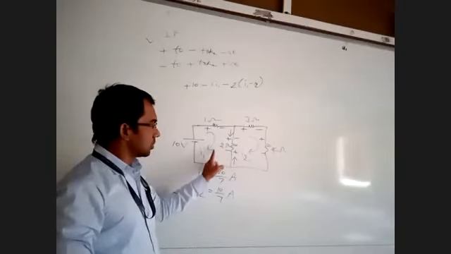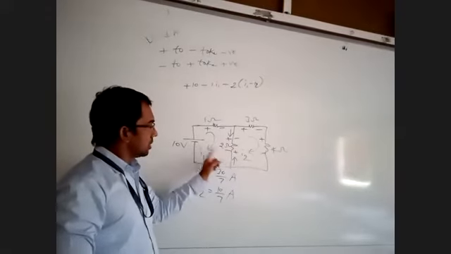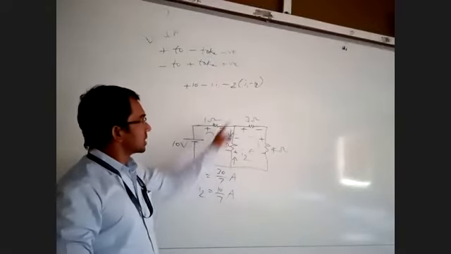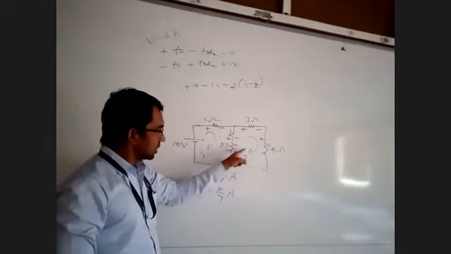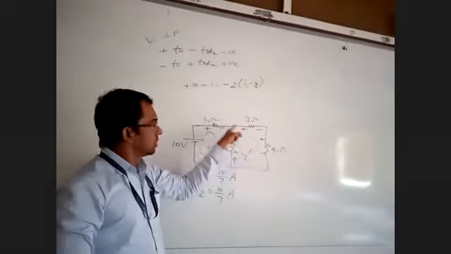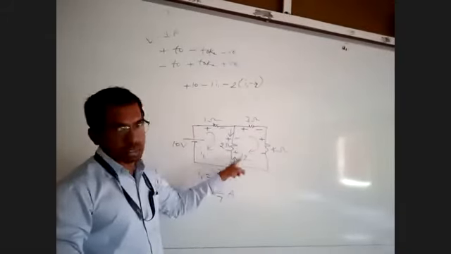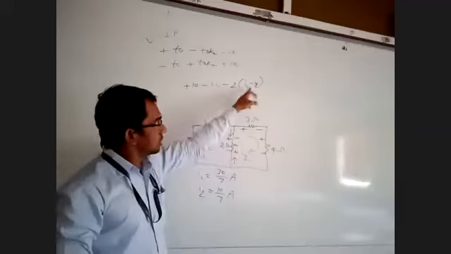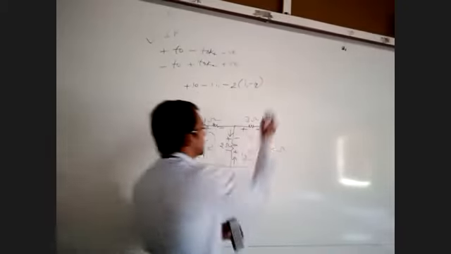In this resistor, both currents are flowing, one downward, another upward. So we take I1 as the reference; that's why I1 is positive and I2 is negative. If both are in the same direction, we will take plus. Since these two are in opposite directions, we take minus here. Okay, we have completed the first loop. That is equal to 0.